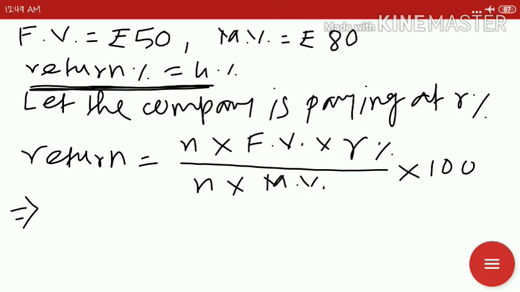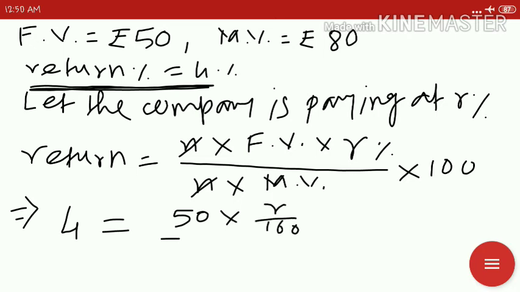Now we'll put the values accordingly. Return means the return percentage, so we take the numerical value only, 4. Now you can see that on the numerator and denominator, on both sides, the N is the same. It will cancel out. Now the face value, that is 50. I have taken the return percentage as R%, that means R by 100, and the market value is rupees 80, and another 100 is there.